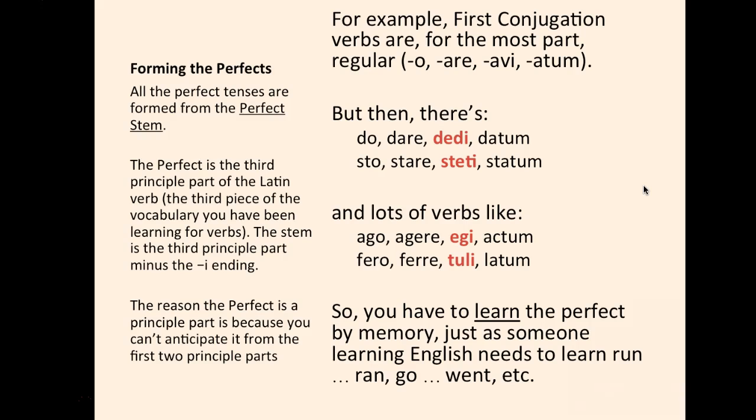But just like in English, not very many verbs in Latin are actually regular. There's no way, for example, to get from do to dedi, or sto to steti, or ago to egi, or for God's sake, fero to tuli, without just learning it. That's why you have to memorize the four principal parts, because there's no way to anticipate it.